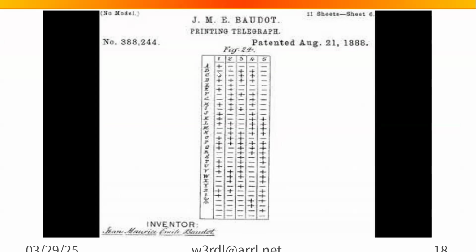I don't think this helps us, because it only looks like the alphabet and a couple of things after the Z. I can't make them out, but it's signed by Mr. Baudot, 1888. It's been around for a while. We didn't even put numbers on that original. Maybe they didn't understand numbers back then.